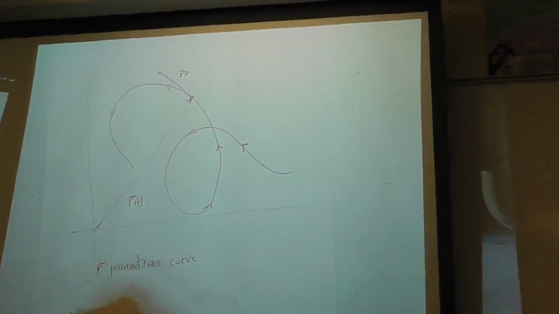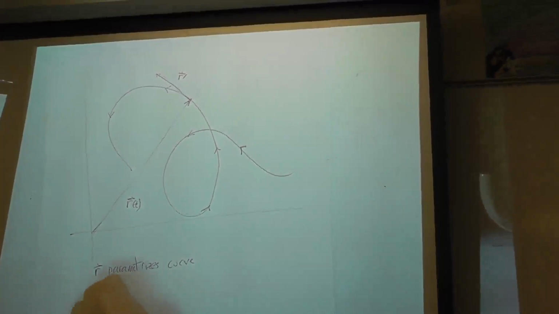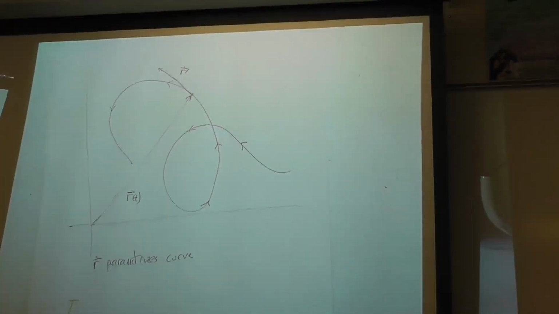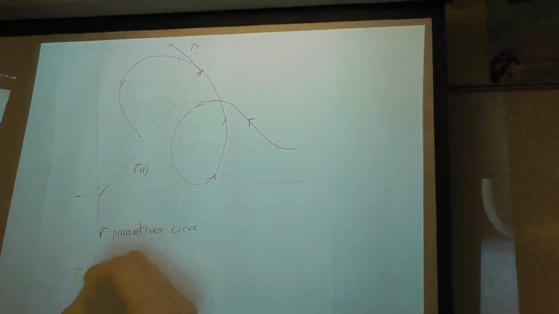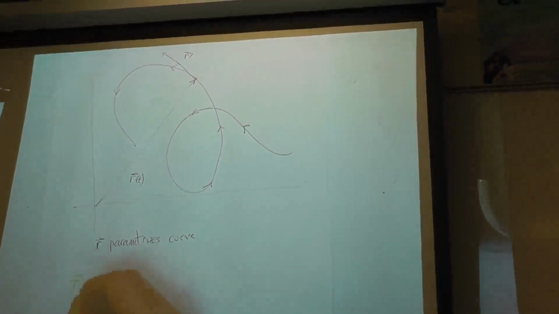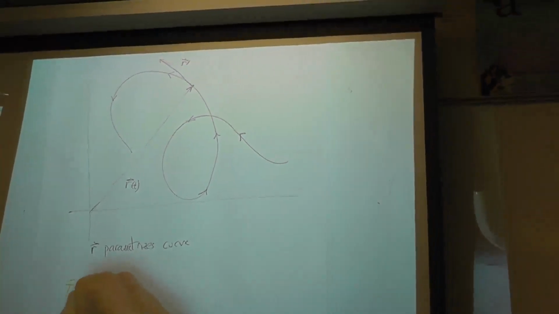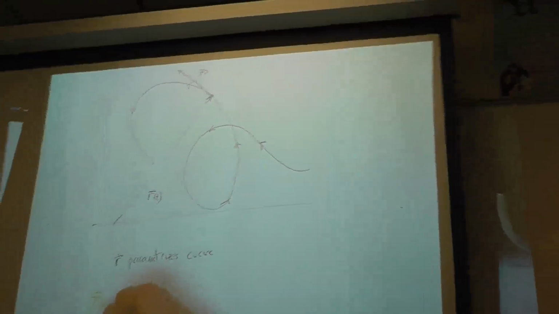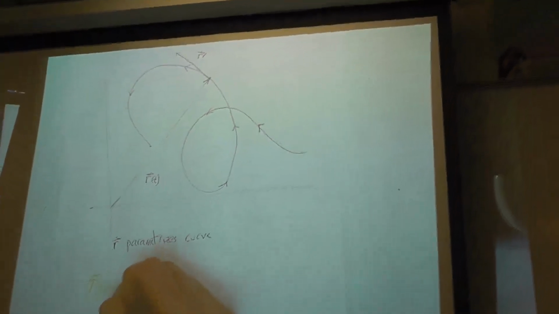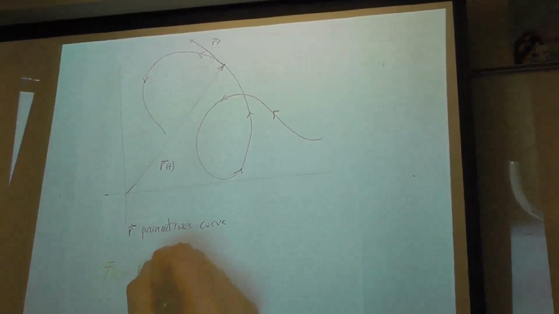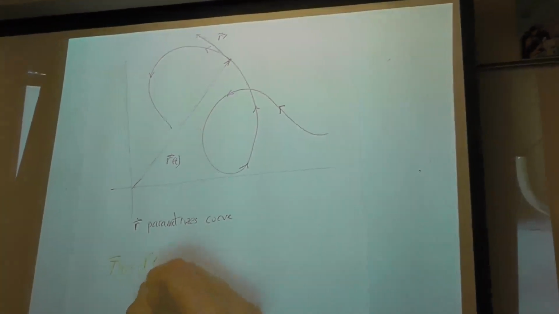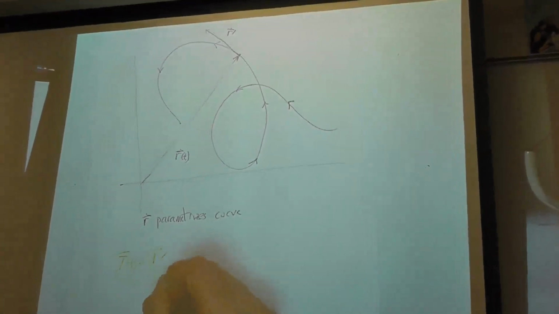If I draw in, does that show up? Yeah. If I go to draw in T, T is defined to be R prime divided by the magnitude of R prime.